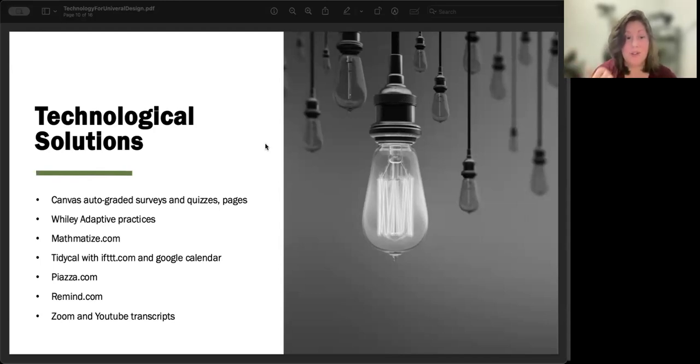For the students who tried a question on the mathematized problem set and were like, whoa, I don't even know where to start, they had other options. They didn't have to do that. But the students who wanted those questions that would really challenge them and help them solidify their knowledge had access to that. And for the students who couldn't even start those, like the adaptive practice wasn't enough, we just had a list of suggested problems from the textbook that also came with solutions so they could check if they got it right.